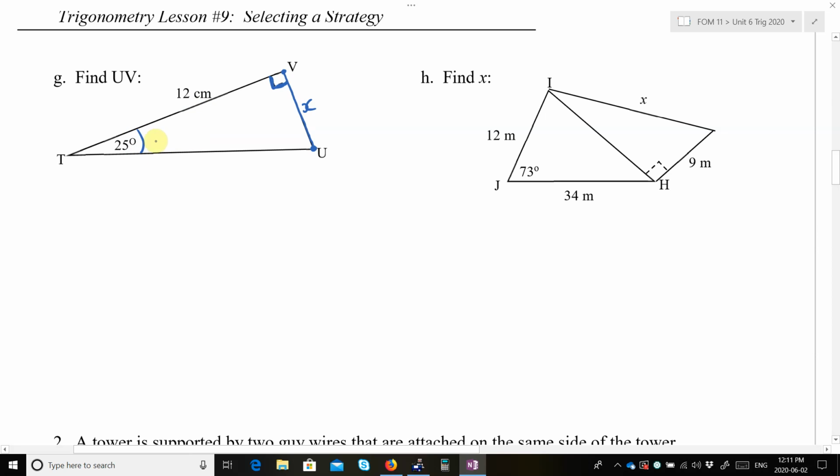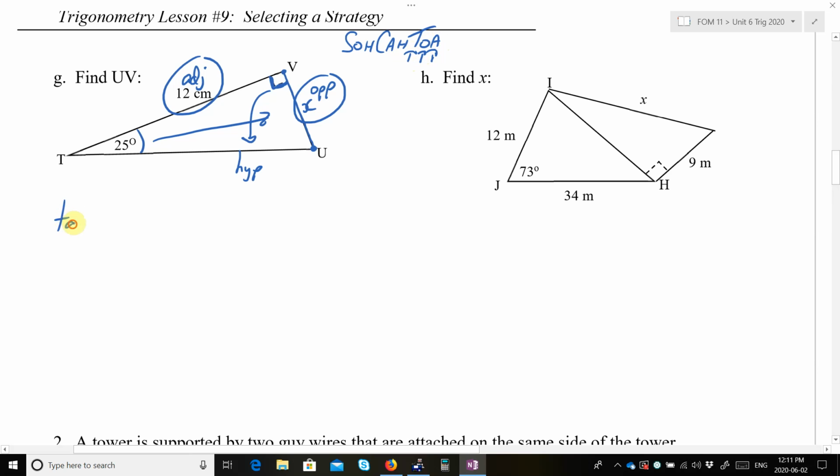So here's our angle. What we're trying to find is the opposite side. Across from the 90 is the hypotenuse, so this must be the adjacent. So I'm going to be working with opposite and adjacent. Opposite, adjacent comes from tan. So I would just go tan of 25 degrees equals x over 12.